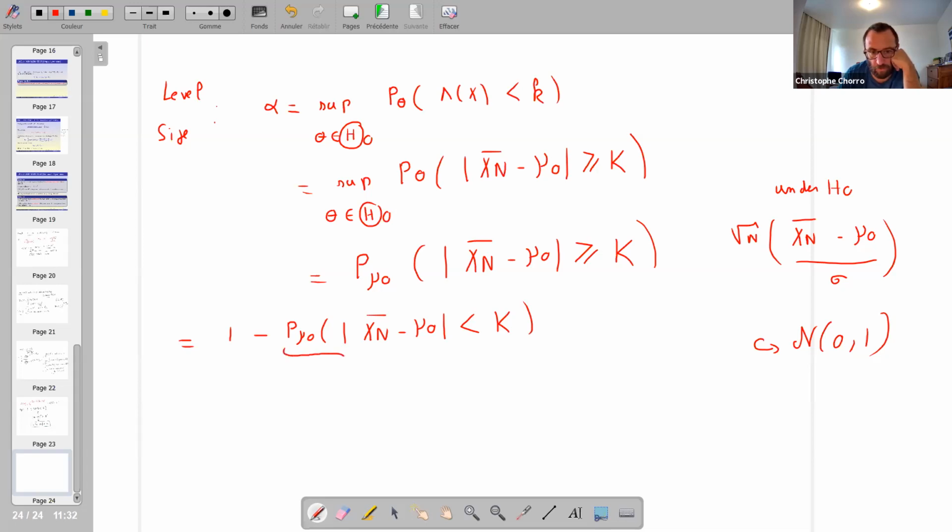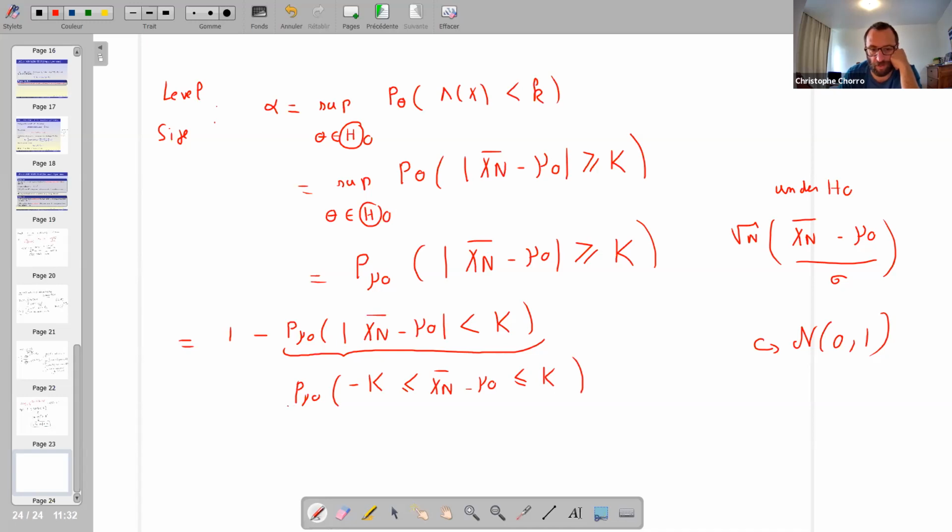And for this term, it's the probability under mu 0 that xn overline minus mu 0 is less than k and greater than minus k, because I have the absolute value.